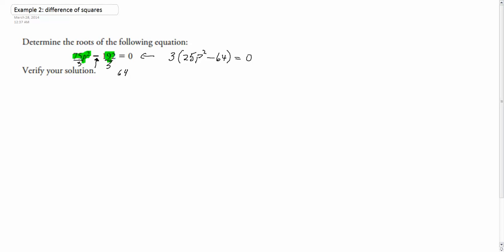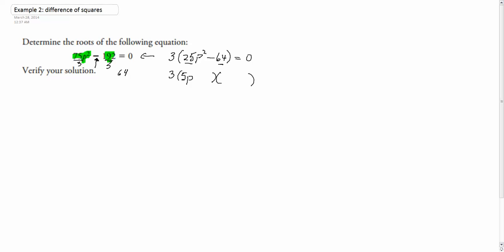Now as we examine this, we can see that our 25, yes, absolutely, it's a perfect square, and 64 is also a perfect square. That allows us to factor this as a difference of squares. So we take the square root of the first term: the square root of 25 is 5, and the square root of p squared is p.